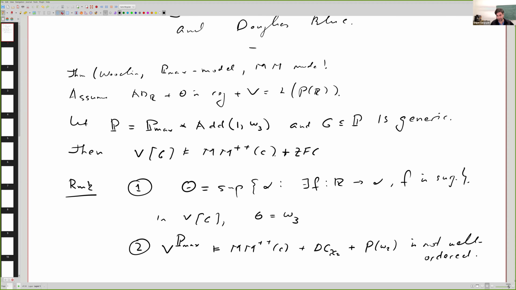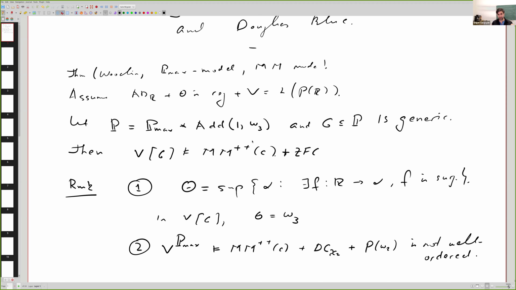This is a key point because that's the whole point of adding the Cohen subset at the end. Because if you don't, then you will not well order power set of omega 2. If you don't well order power set of omega 2, you won't force choice. So you can ask why well ordering power set of omega 2 adds choice. Well, think of, because we have MM plus C, that means 2 to the omega is omega 2.